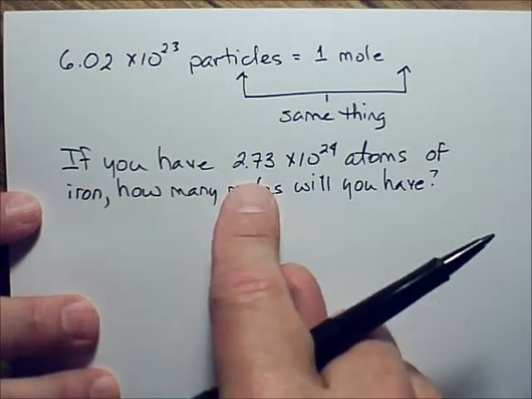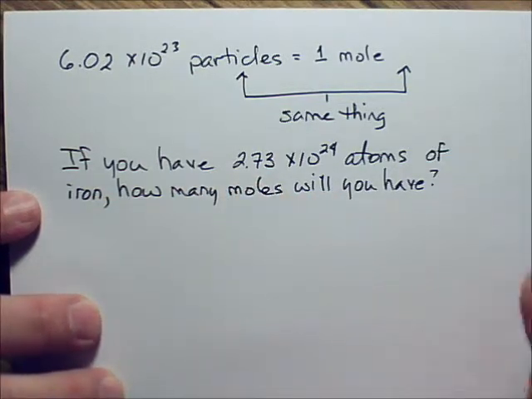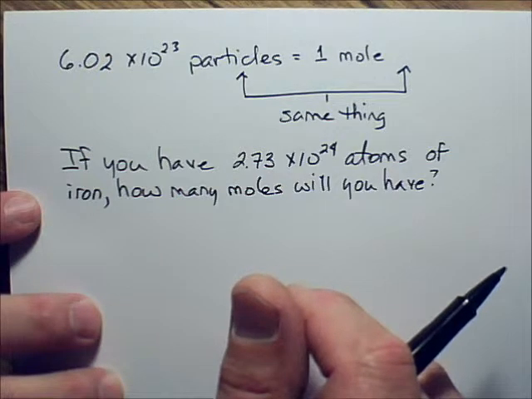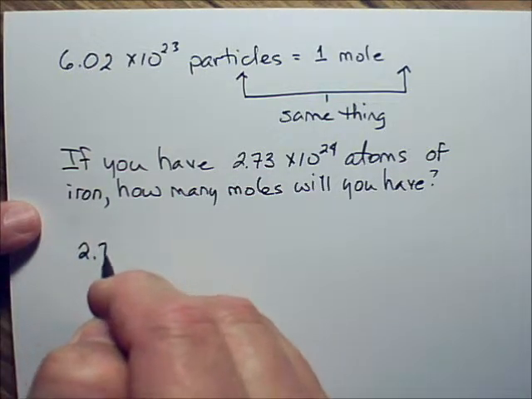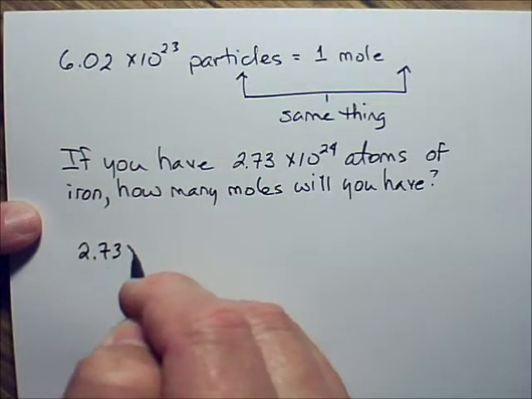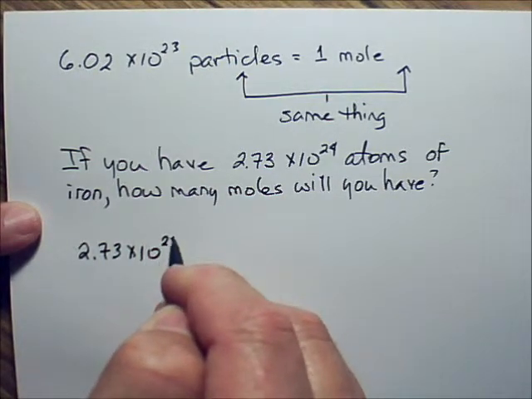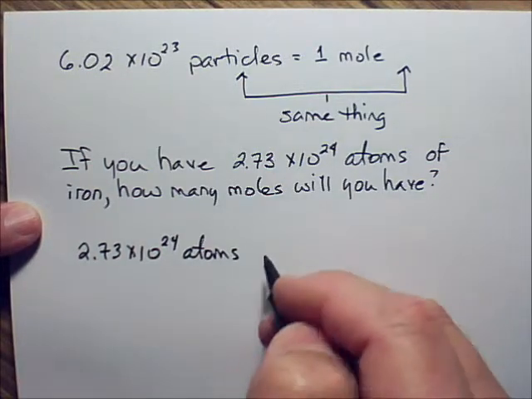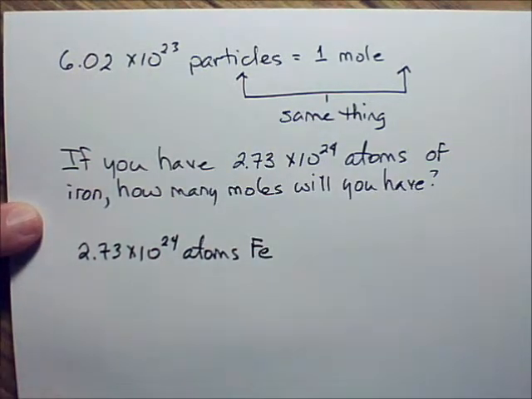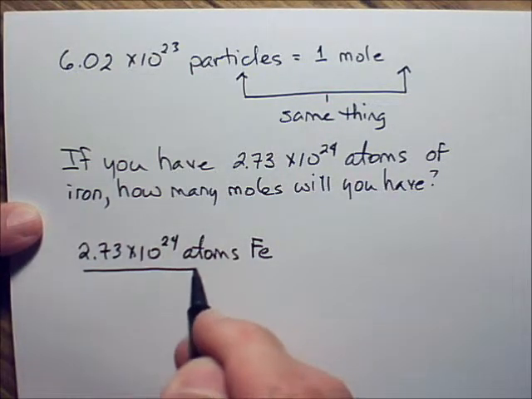It tells you if you have this many atoms, that's a starting amount. Okay? So we're going to write 2.73 times 10 to the 24th atoms of iron. Well, I'm going to use the symbol because that's a lot less writing, isn't it? Sure. There you go. Over 1.